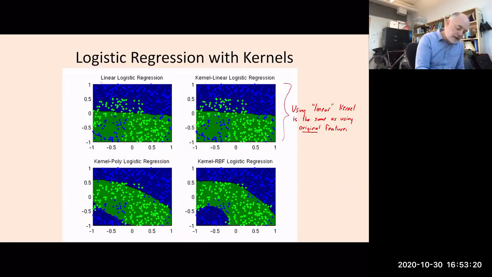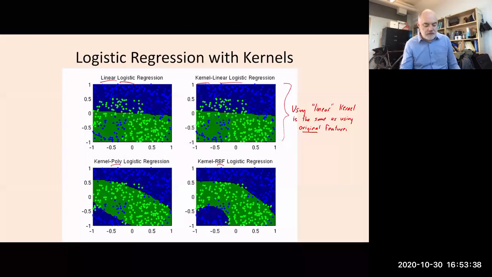What do decision surfaces look like for these kinds of models? Here's linear logistic regression. That's one of these loss functions that you then kernelize with the representer theorem. This is the dumb kernel where you do no-op. But if you do polynomial or RBF kernelized logistic regression, you transform decision surfaces pretty dramatically.